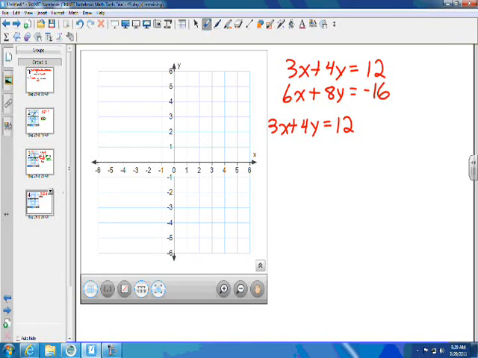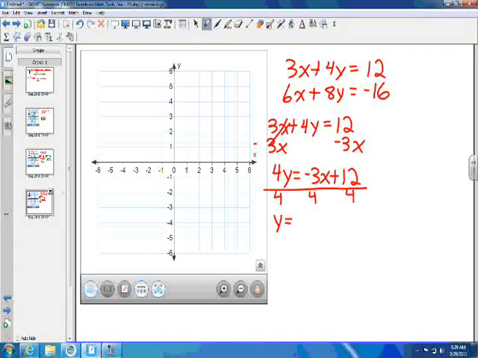So we have to solve both of those for y again, just like we did on the last one. So we move the 3x. So we have 4y equals negative 3x plus 12. Divide everything by 4. Negative 3/4 x plus 3.